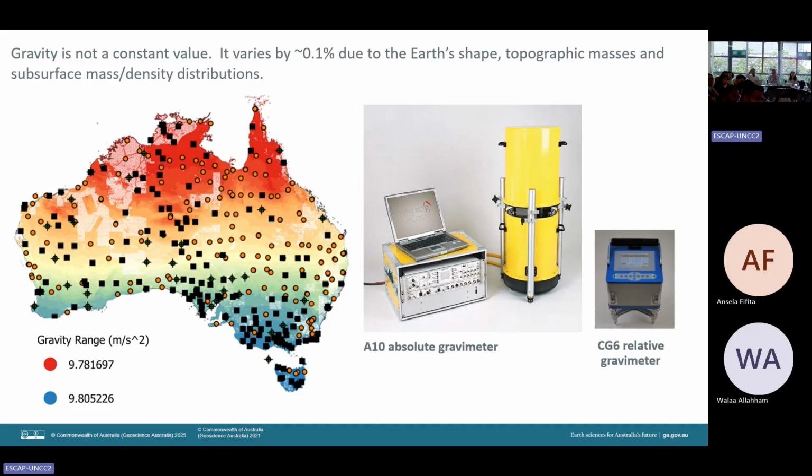So you'll notice quite a linear trend from north to south there. Most of those gravity variations really reflect the ellipsoidal shape of the Earth, which GNSS heights typically reference. At the equator, gravity is the weakest because we're furthest away from the Earth's center of mass.